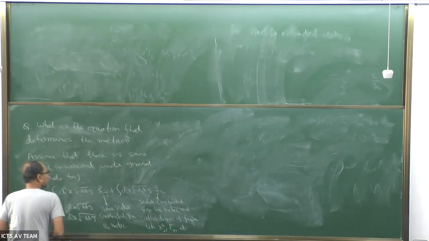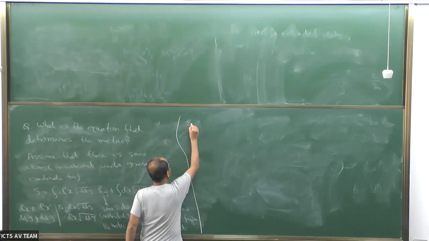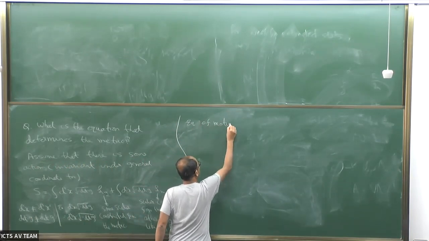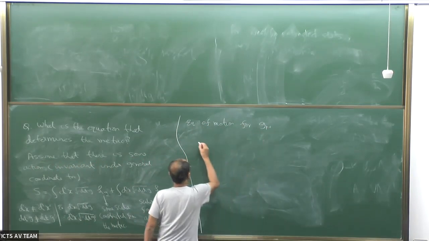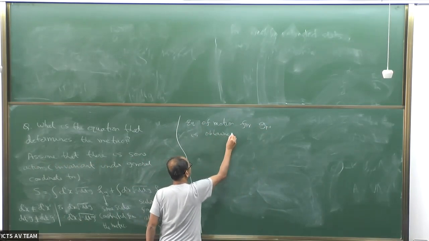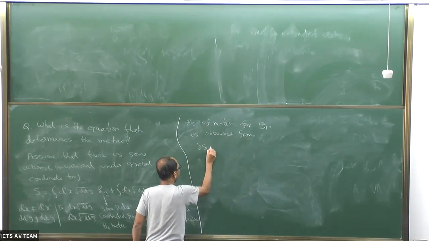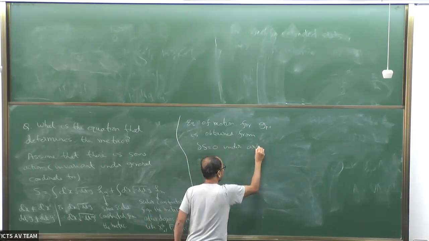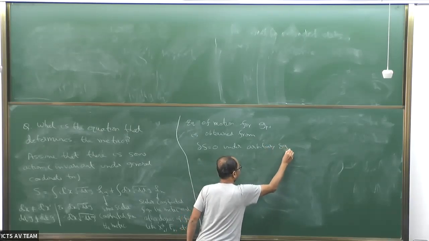So now, if you want to derive the equation of motion for the metric g_mu nu, this should be obtained from delta S equal to 0 under arbitrary delta g_mu nu.